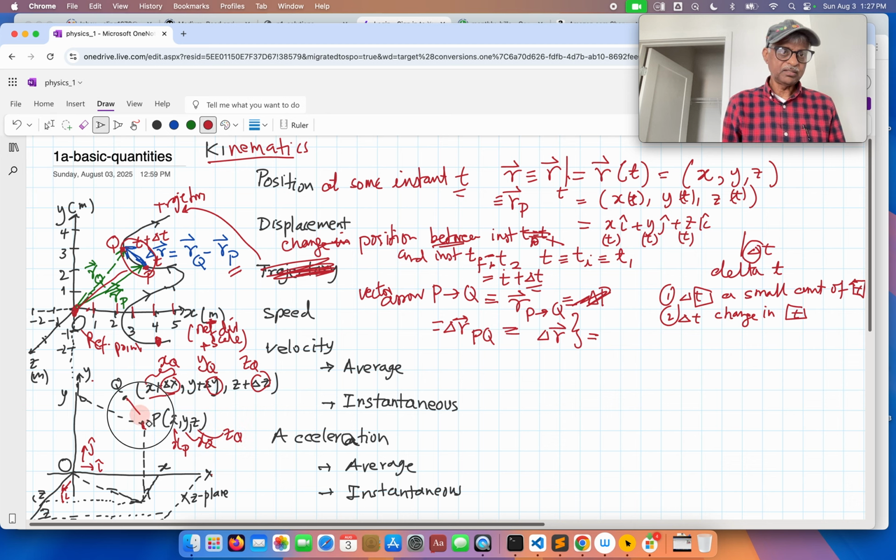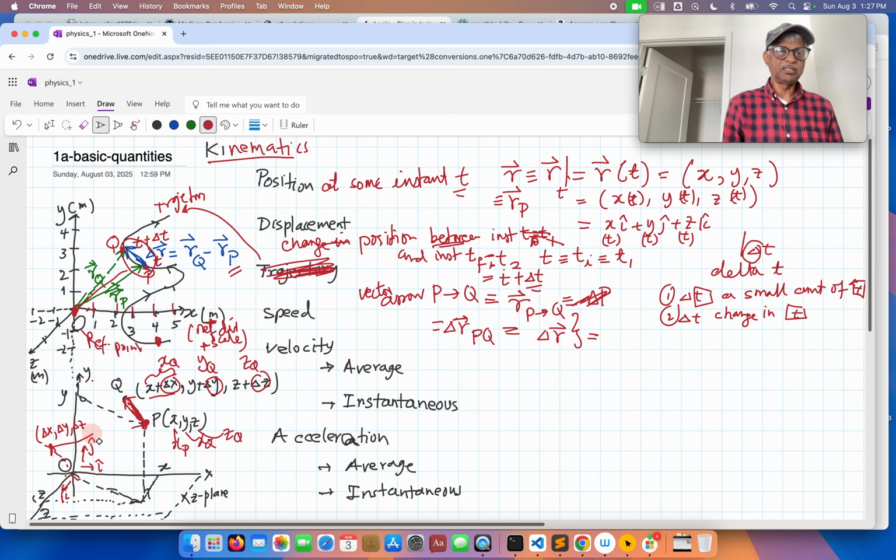If you look at this arrow, which is displacement, and you bring it over here, the coordinate of this thing will be just delta X, delta Y, delta Z. If you bring the origin over here, then Q will be how far away?